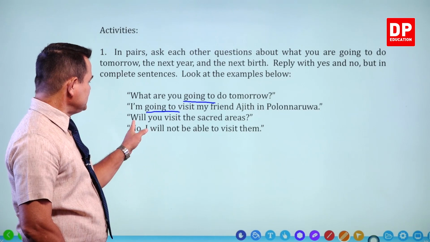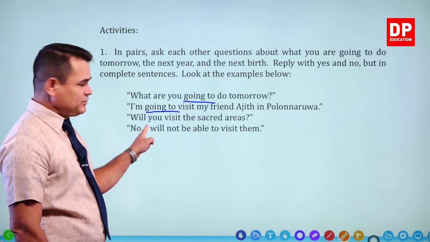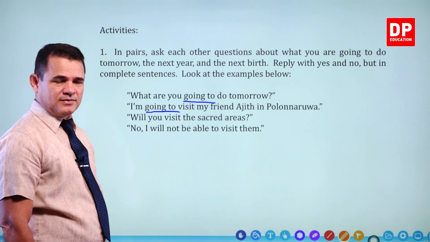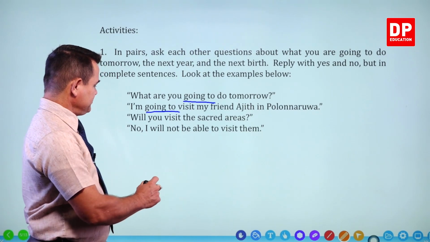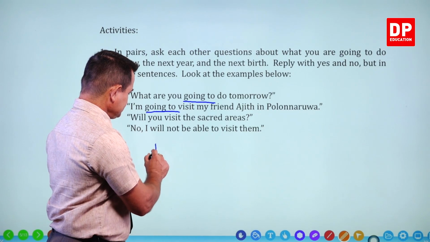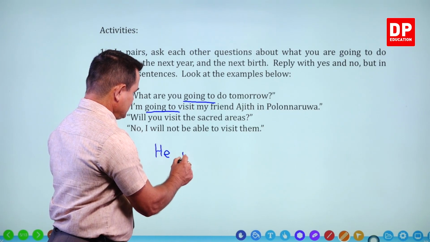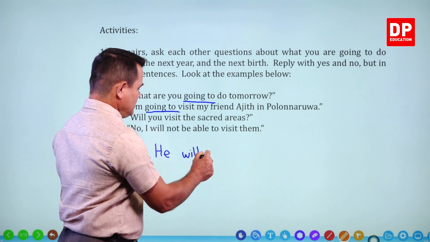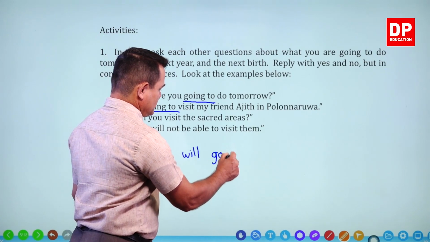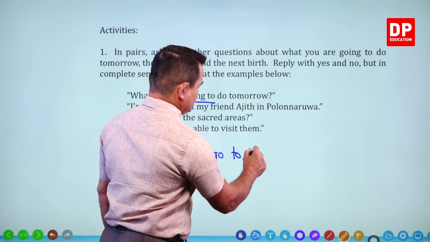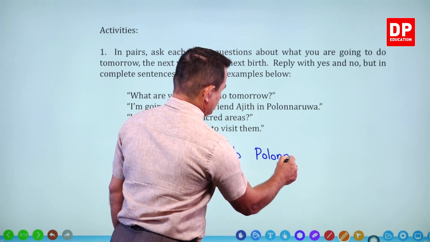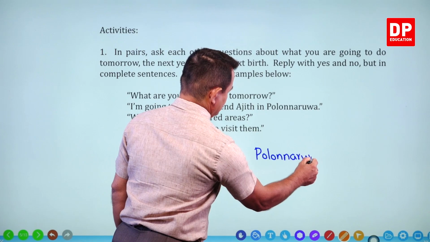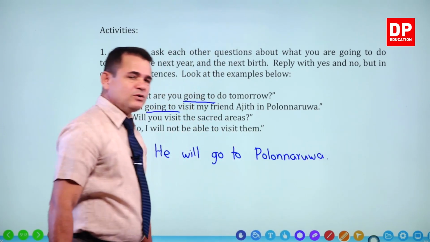Now here you see a question. To make a question, will comes to the front. For example, he will go to Polonnaruwa.